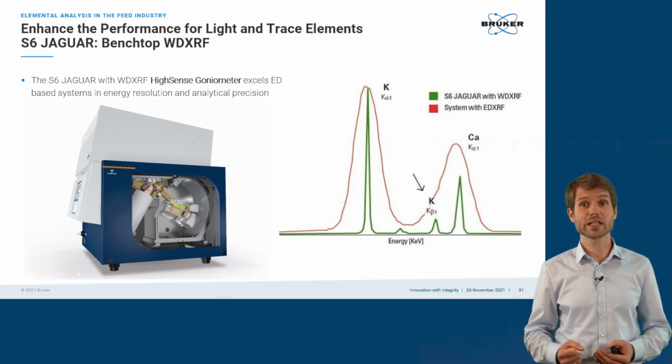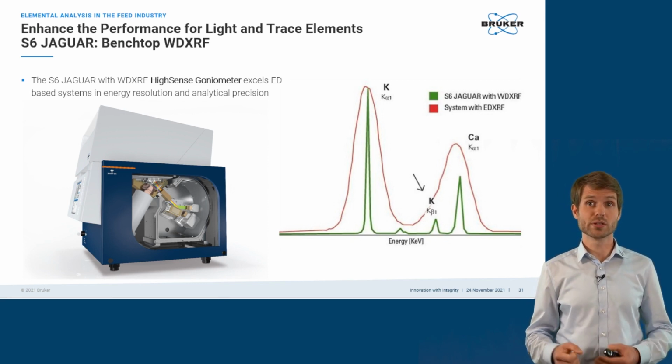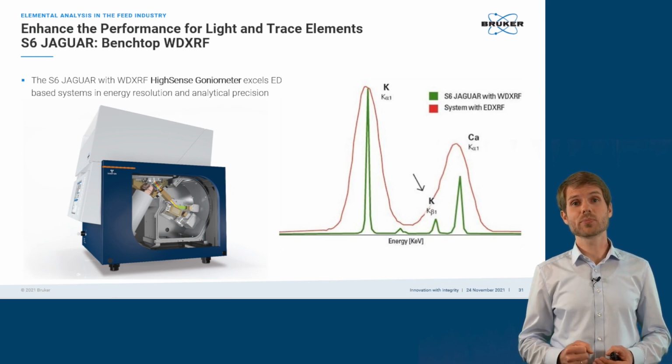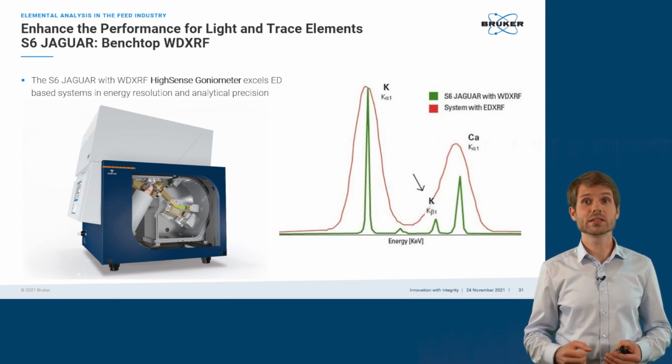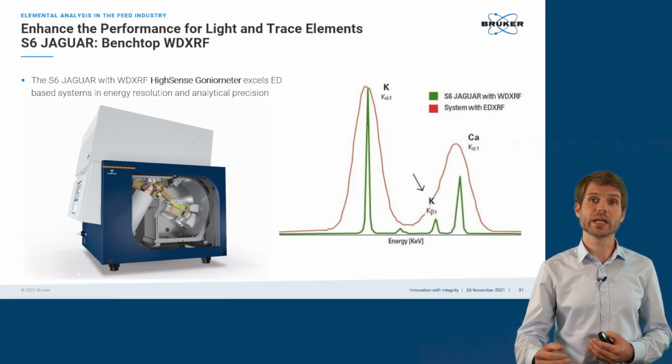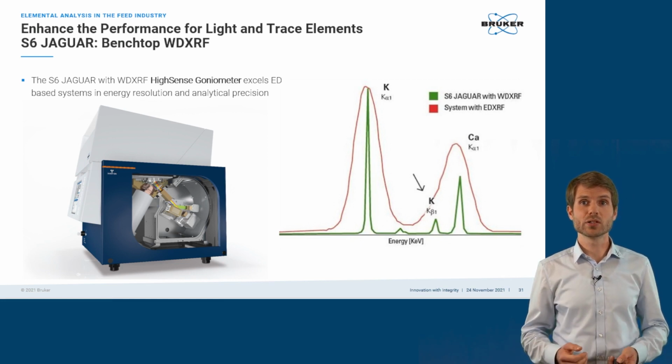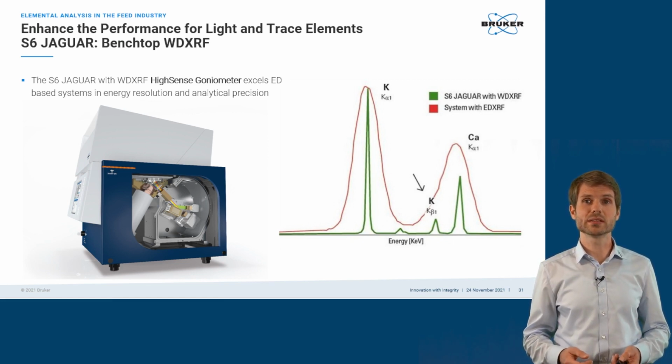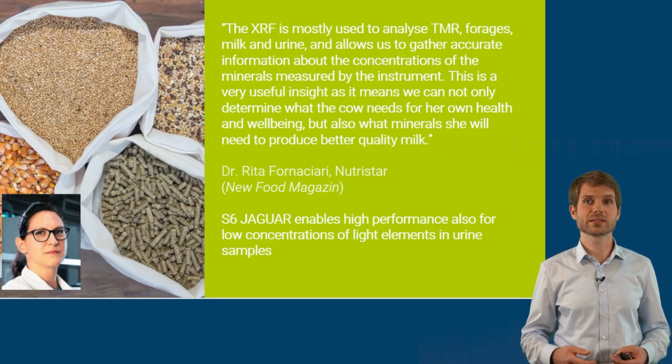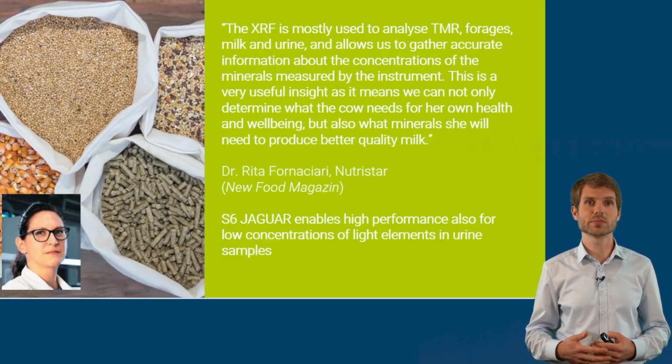This results in a much higher energy resolution, which on the one hand can help you to separate the peaks nicer and then also get a better signal-to-noise ratio. So when you need a bit more performance, this is when wavelength dispersive systems come into play.